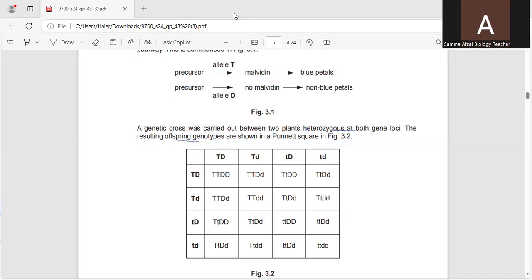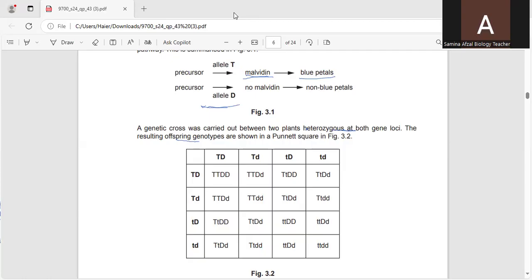It means the capital D will be unable to allow the formation of molybdenum even if capital T is present. So in this way, the capital D is influencing the capital T.